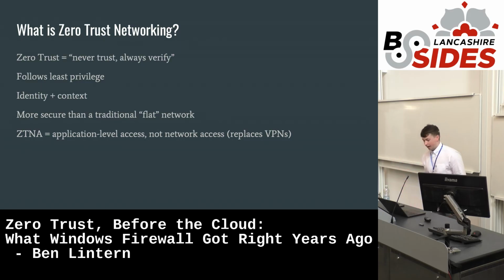Zero trust network access relates to zero trust networking, but is slightly different, as with zero trust network access, it is typically application level access as opposed to network access. So if you have ZTNA, you authenticate to it and you have access, as opposed to a more traditional solution where you connect to your VPN and then you've got access to the resources.